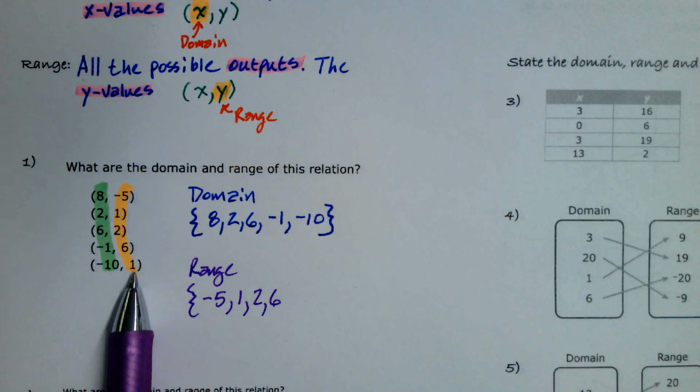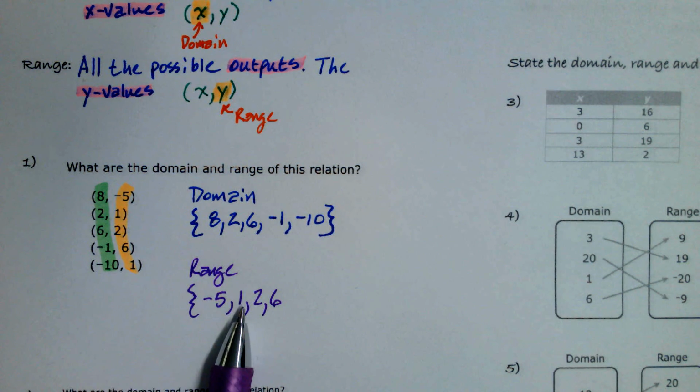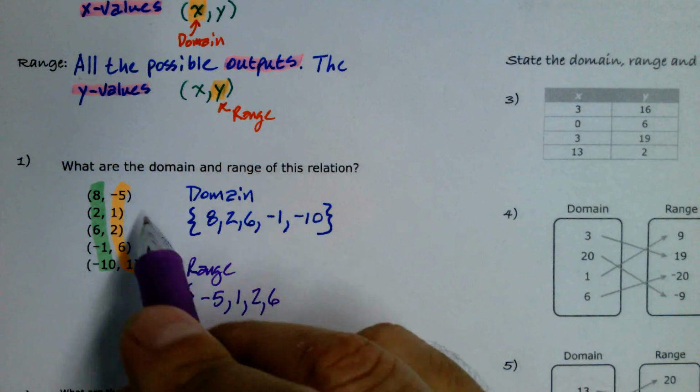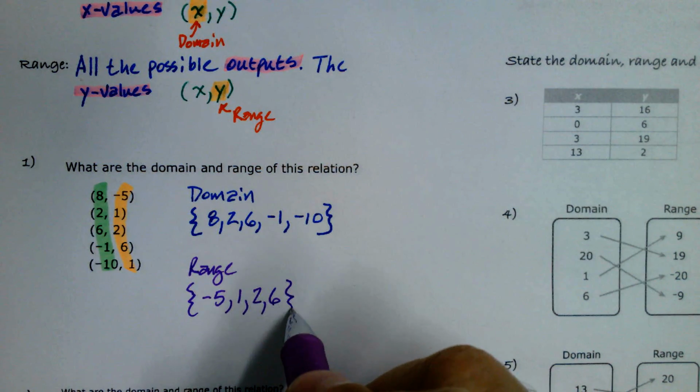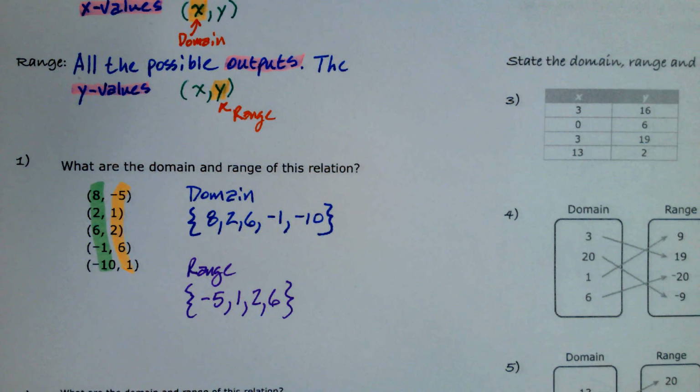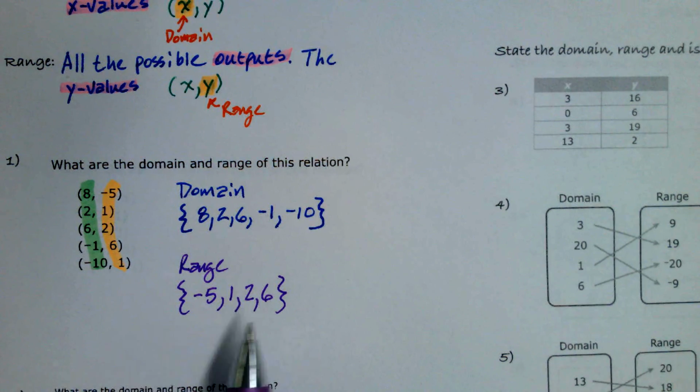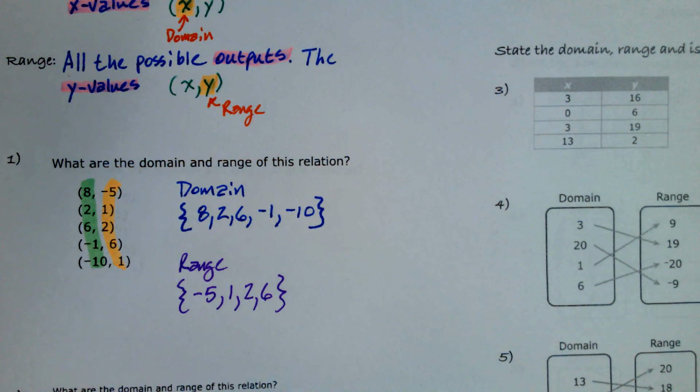But do you see how 1 comes up again? We only need to list it once. Even though it's a possible output twice, we only list it once. We don't need to write 1 twice. Okay? So that's our domain and that's our range. Any questions?